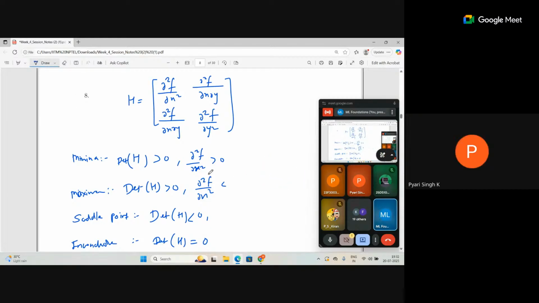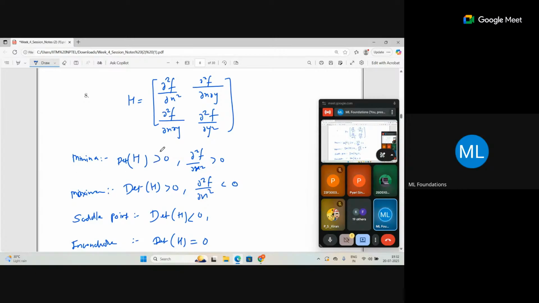Let's say the second partial derivative with respect to x, del square f by del x square, is greater than zero, but with respect to y it is coming out negative. That is not going to happen. Either this quantity is going to be greater than zero, or both are going to be less than zero, if the determinant is positive.